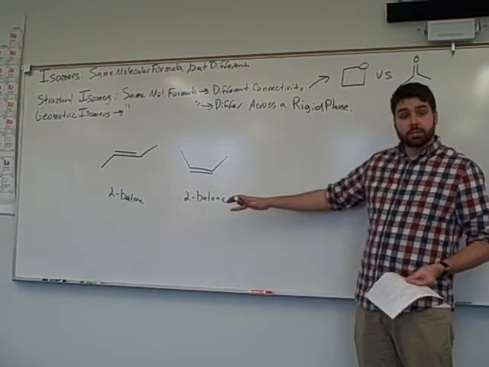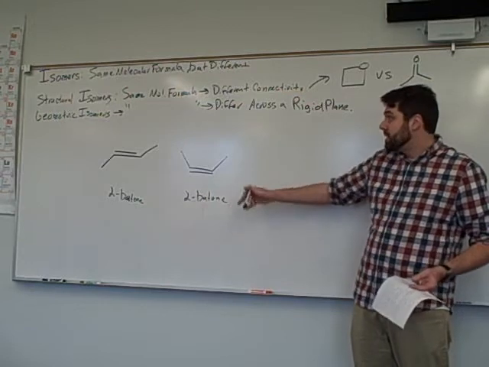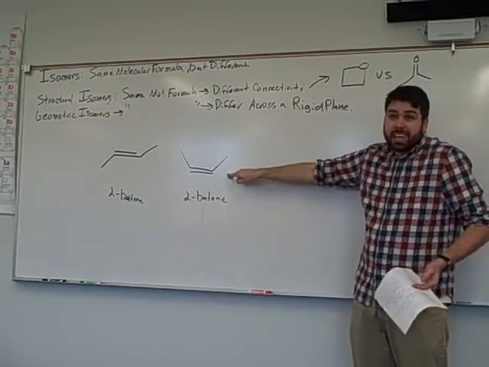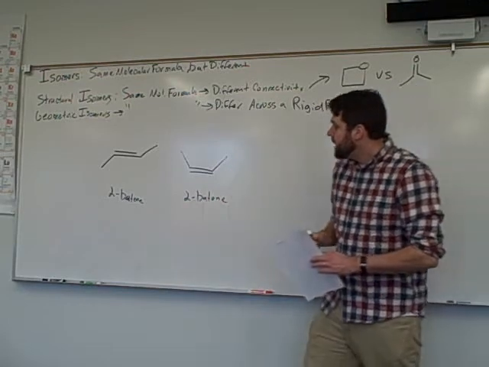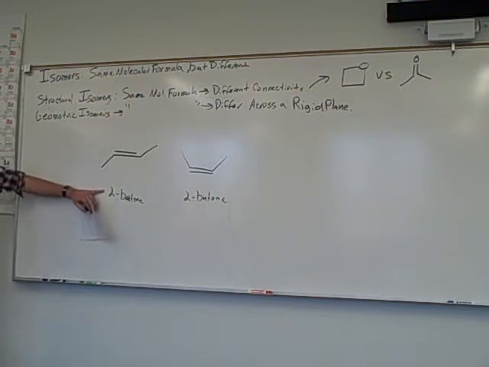And so we need to add a descriptor to these two molecules that differentiate them as what we call geometric isomers. They differ across a rigid plane, and the rigid plane in this case is our double bond. You can't rotate around it, it's rigid. And so what we'll do is we say that when two groups are stuck on the opposite sides, we're going to call them a trans isomer.